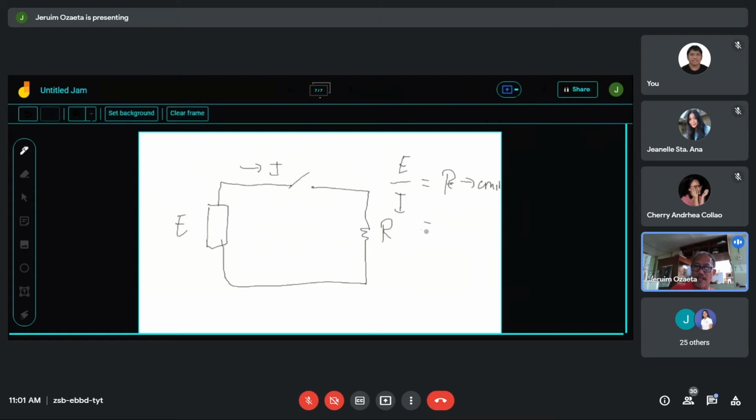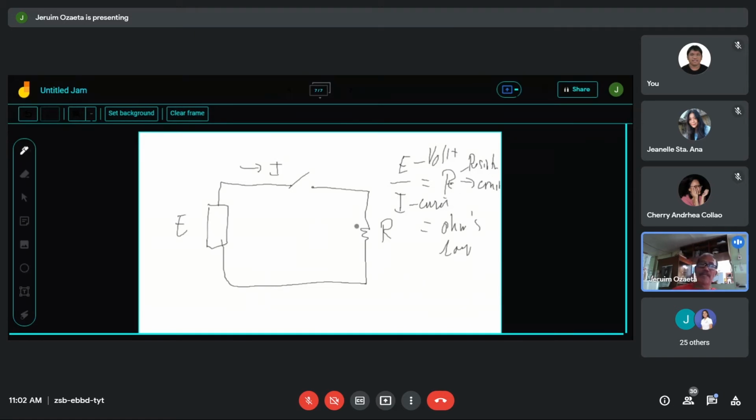Practically, this is your Ohm's law. That means the ratio of the potential difference, the volt, to the current, is the value of your resistance.